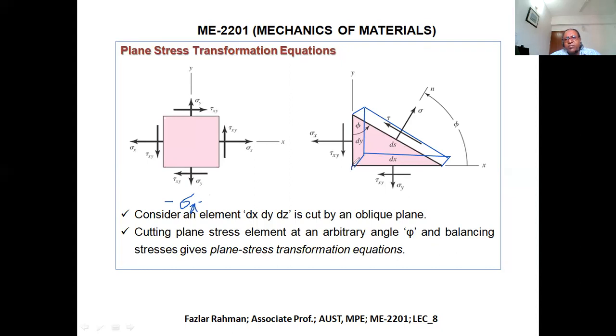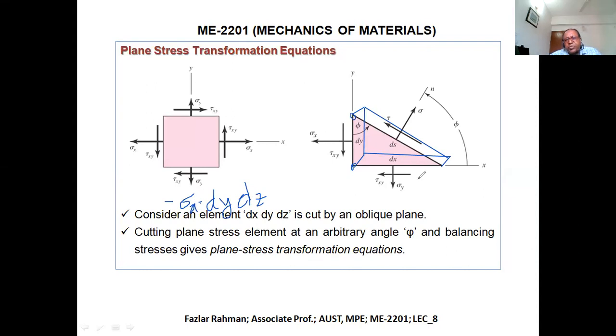The distance from here to here is dy, and from here to here you can say dz, the thickness, right? So sigma x into dy into dz. This is the force working in the negative x-axis.